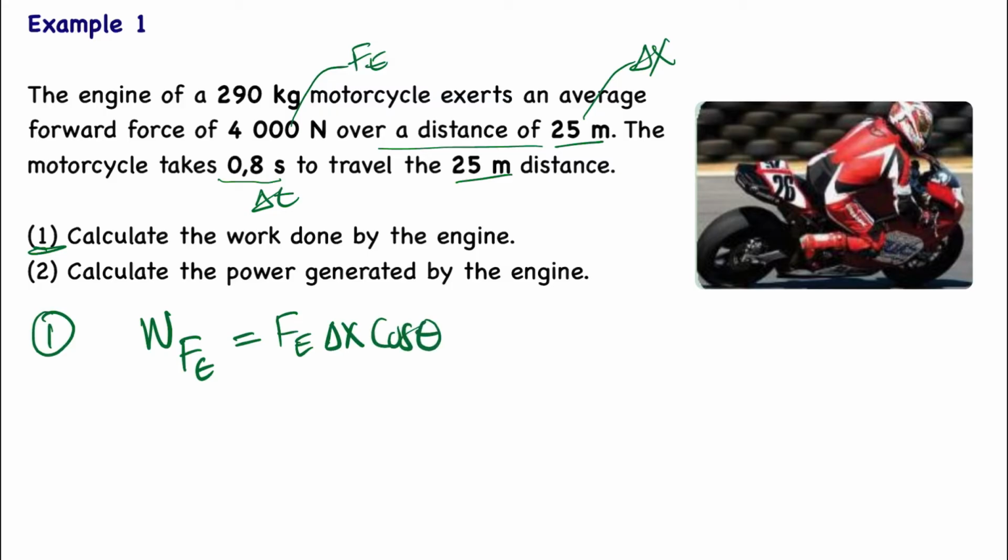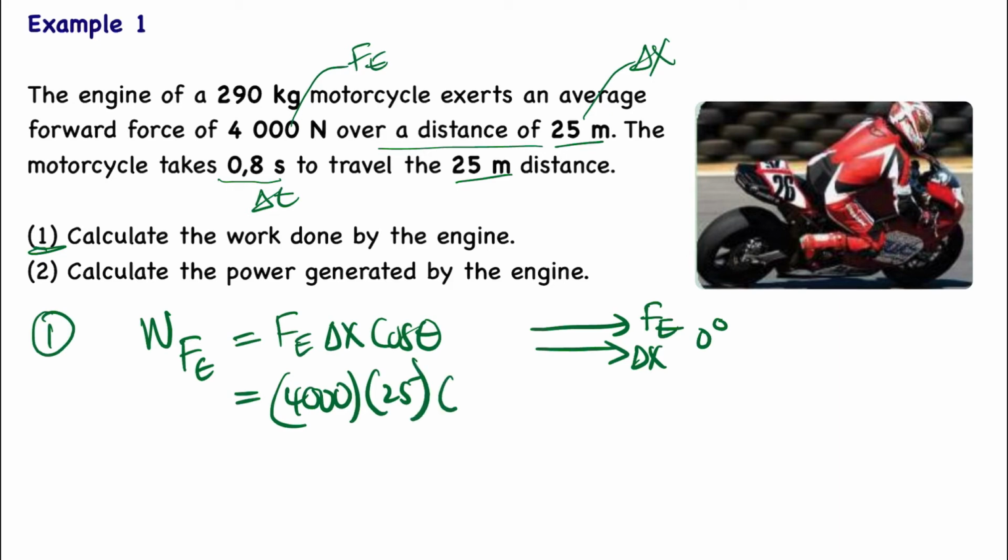The force of the engine is going in the same direction as the displacement, so the angle between them is 0. We substitute 4,000 times 25 times cos 0, which is 1. It's going to be 100,000 joules. That's the work done by the force of the engine.